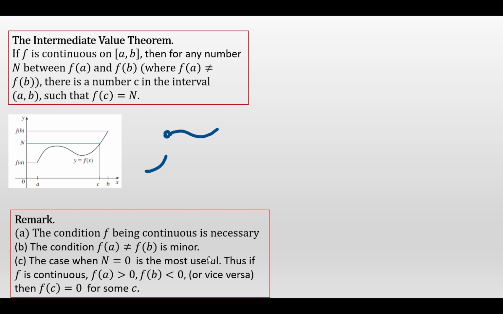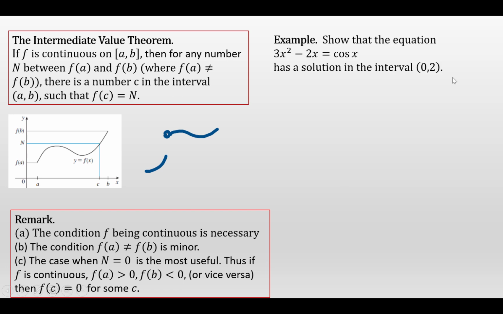The intermediate value theorem is very useful in proving the existence of such a root. Let's take a look at an example here. Okay, so here we want to show this equation has a solution within the interval from 0 to 2.